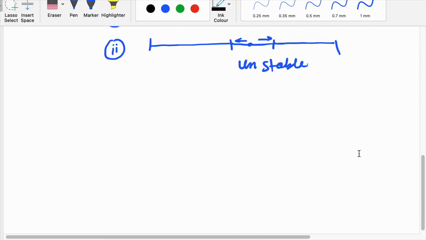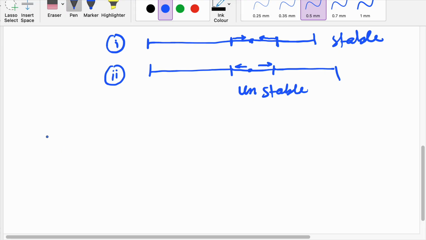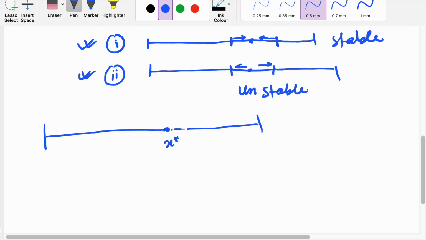Okay, thank you. So then let me see these two situations. This is my fixed point x star. Now suppose I am in the vicinity of here. This is the distance x star, and suppose this is an infinitesimal distance epsilon, so this will be x star plus epsilon.